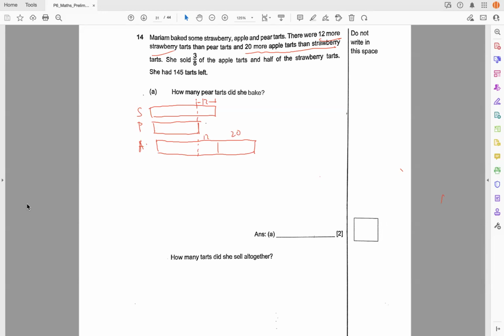Got it? So simple. Now, this is the part. Proportion transfer. She sold 3/8 of the apple tarts and half the strawberries. Let's focus on apple, 3/8. Meaning, over here, I'm going to take out 3/8. 3/8 times 12 plus 20, is how much? 3/8 times 32.